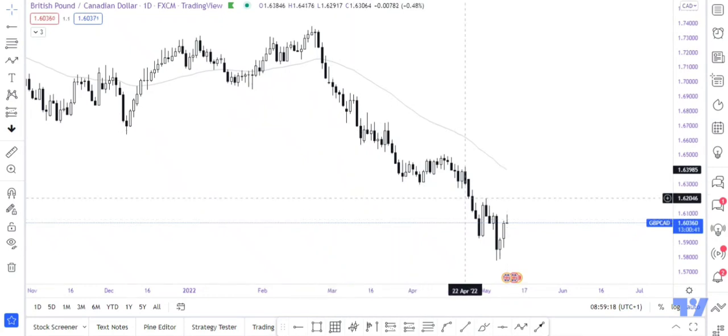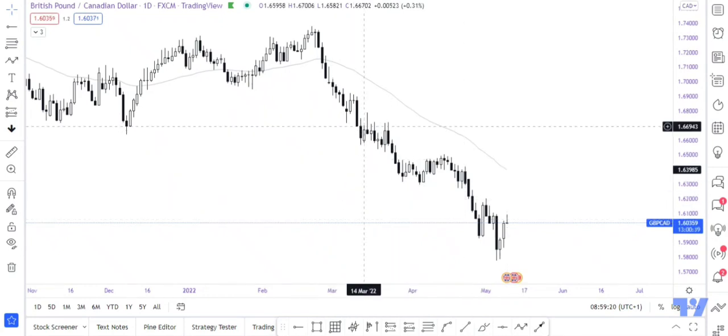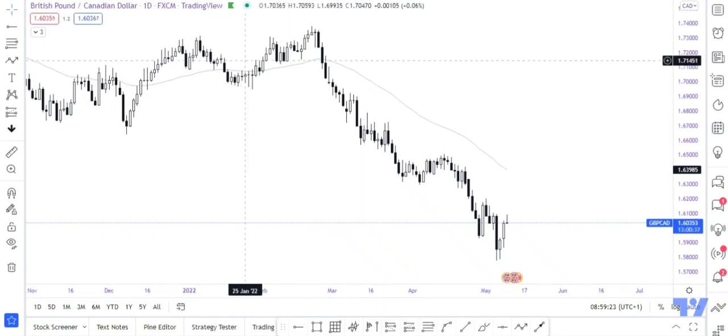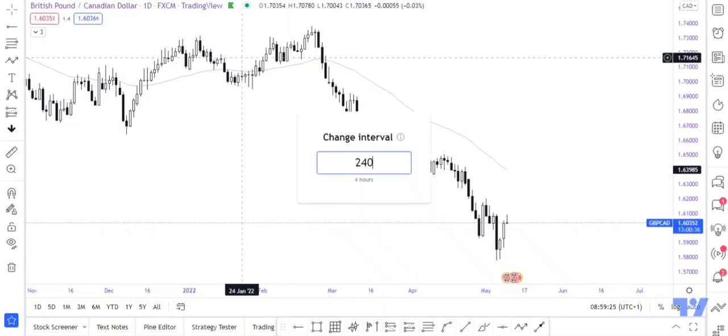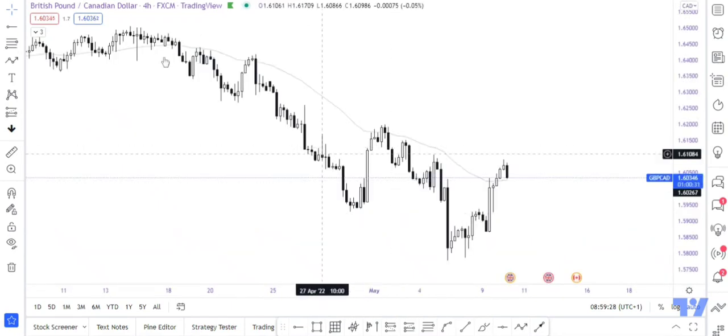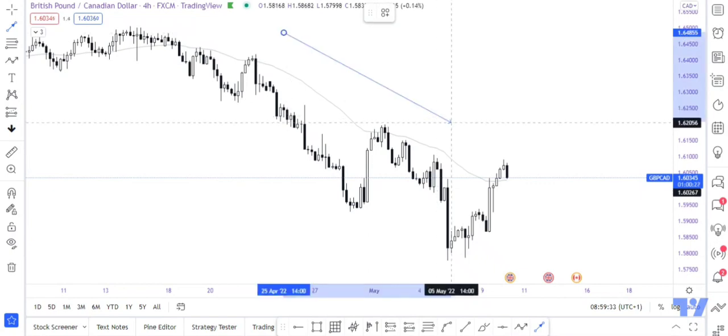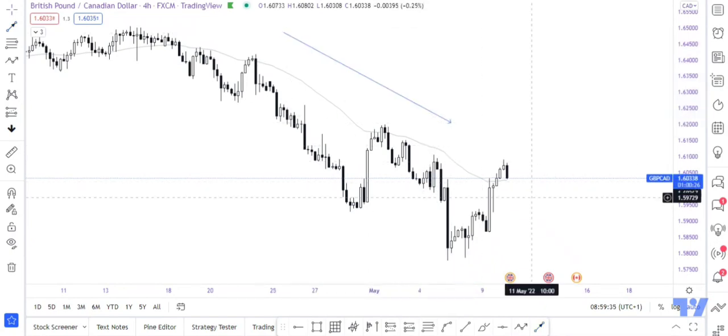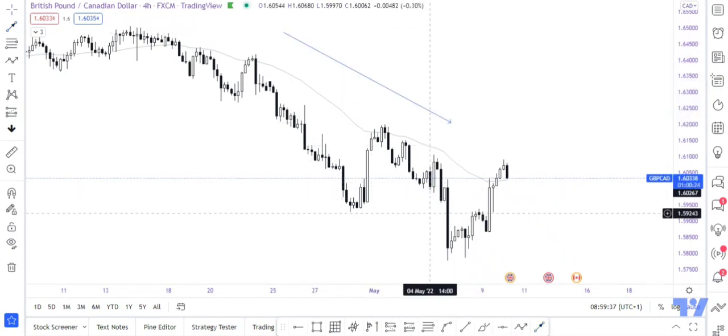So understanding the overall direction on the daily time frame is that we are in a downtrend. We can then go to the 4 hour time frame and look at recent price action. I'm going to draw this arrow to indicate to us that we are in a downtrend, and now we have to understand the recent price action.